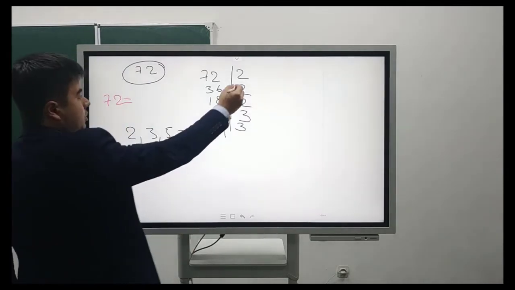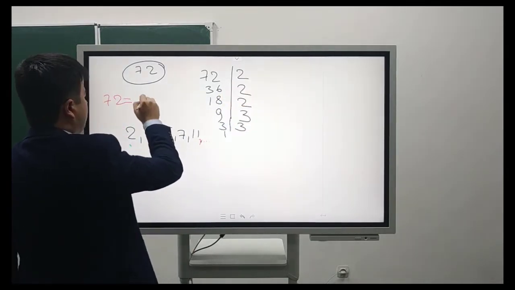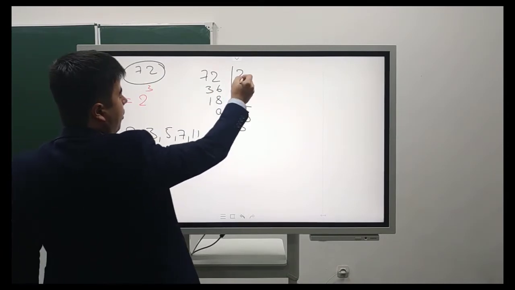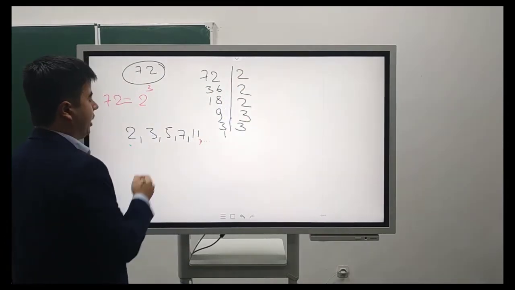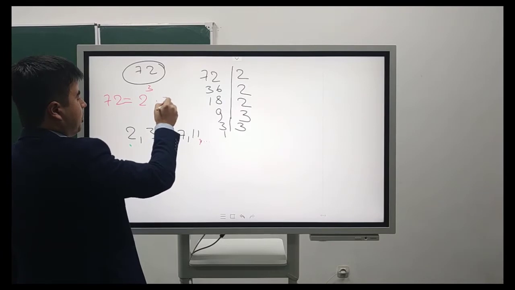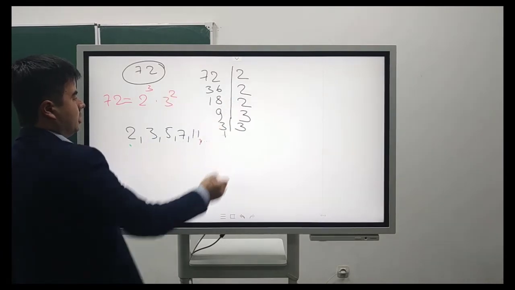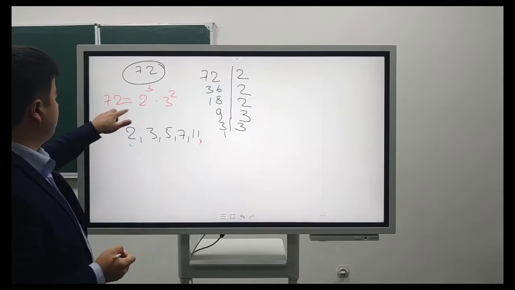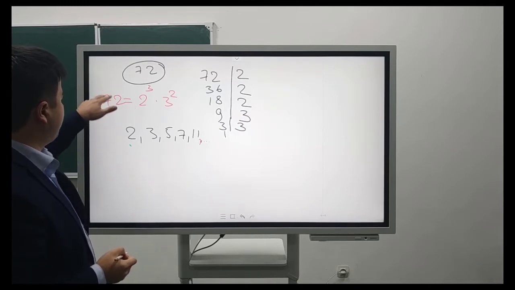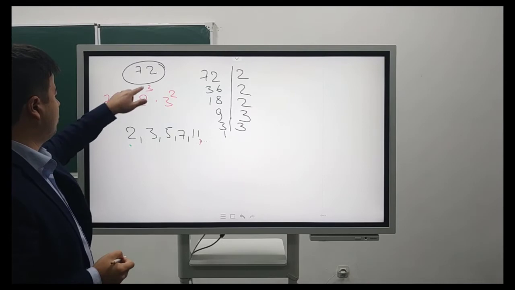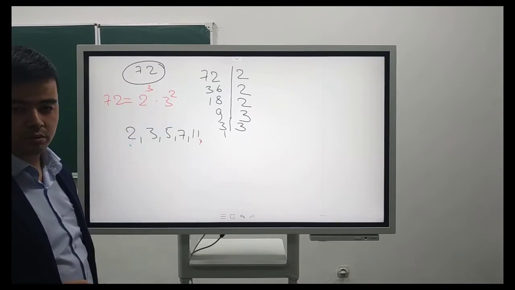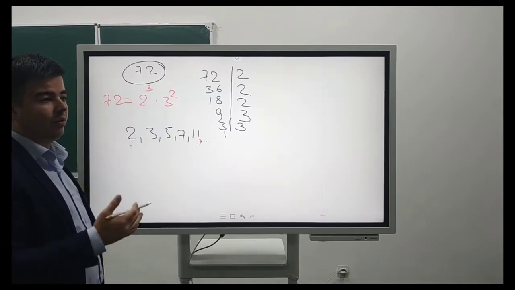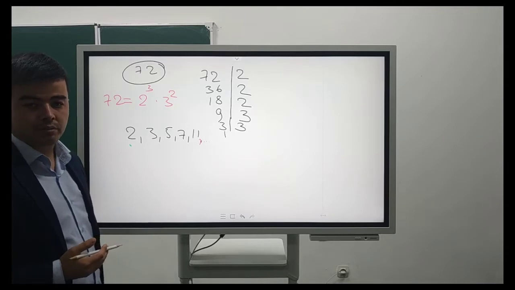We can write 2 to the third power, because here we have 1, 2, 3, third power, and times 3 squared. So the prime factorization of 72 is 2 cubed times 3 squared. This is what we call prime factorization of numbers.